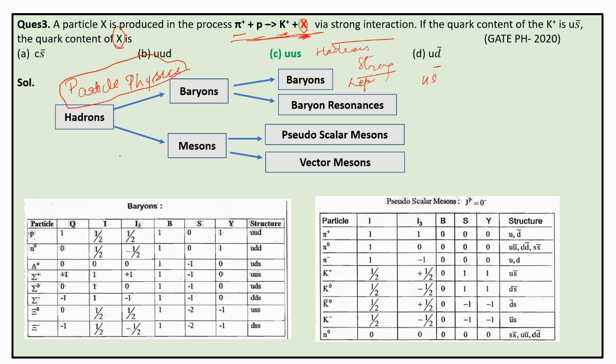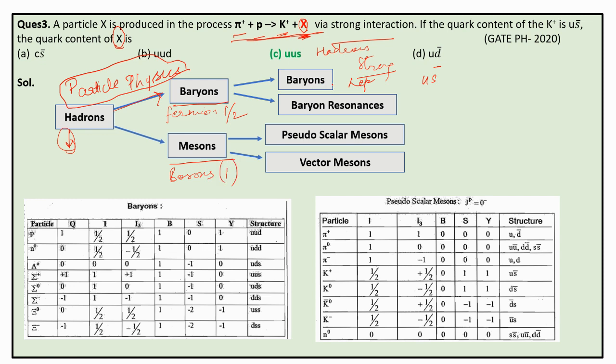But before that, we'll go for the background of it. This is hadron. Hadrons are divided into two classes: one is baryons, the other is mesons. Baryons are fermions, spin half particles, and mesons are bosons, spin integral particles.